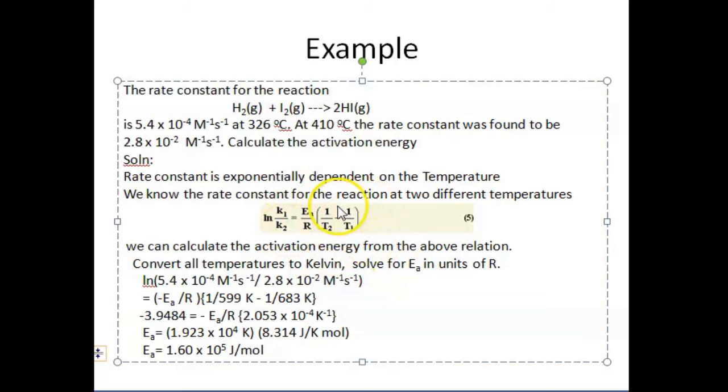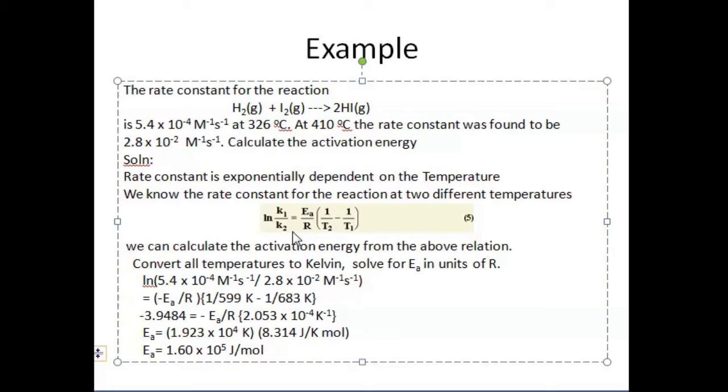But the point to notice is that the temperature given is in degrees Celsius. Hence our first task should be to convert the temperature into Kelvin, and only then should we substitute the values in this equation.